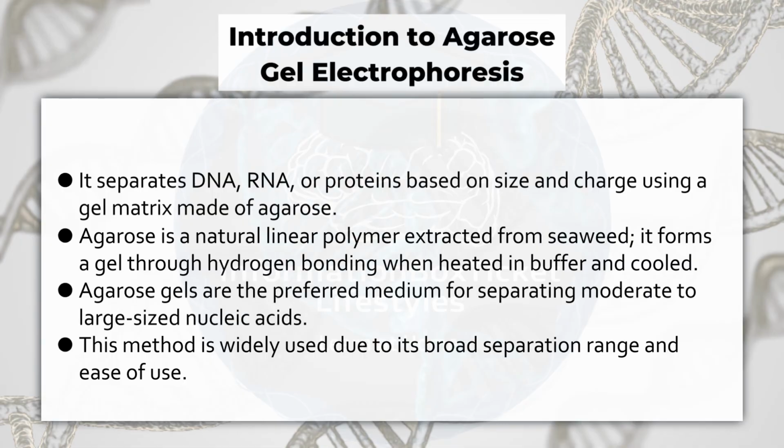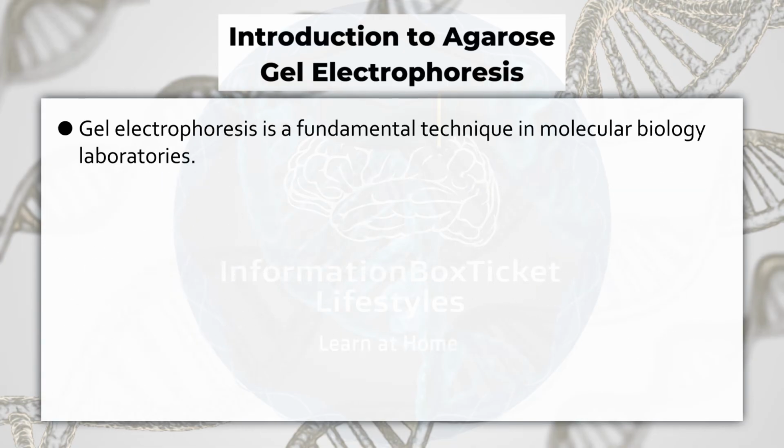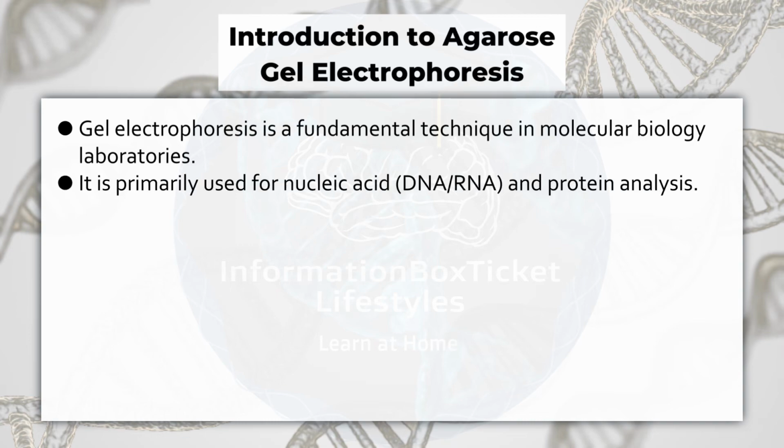Agarose gels are the preferred medium for separating moderate to large-sized nucleic acids. This method is widely used due to its broad separation range and ease of use. Gel electrophoresis is a fundamental technique in molecular biology laboratories. It is primarily used for nucleic acid, DNA, RNA, and protein analysis.